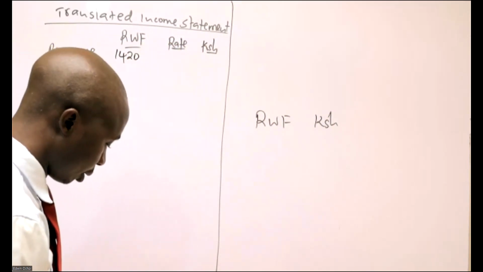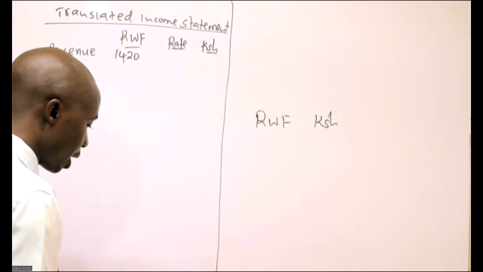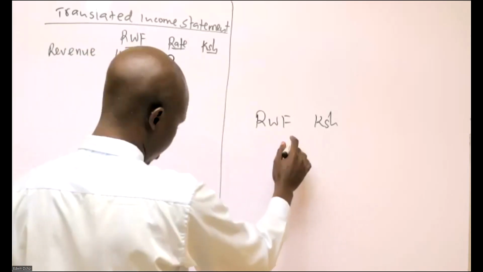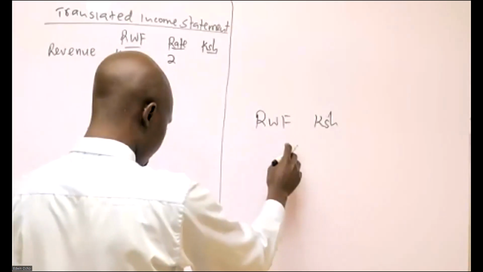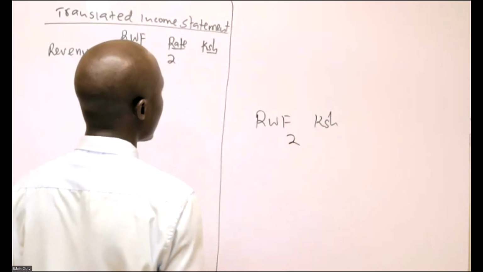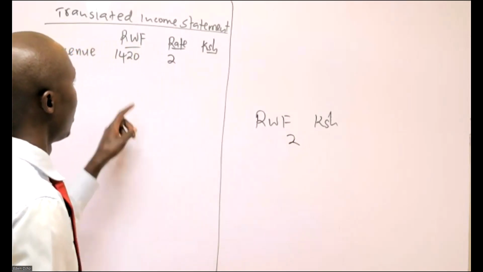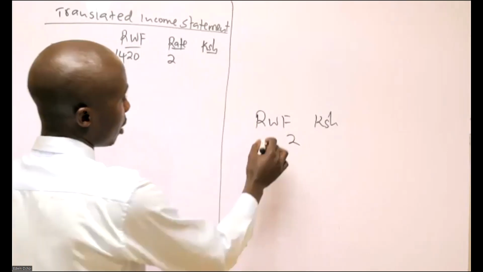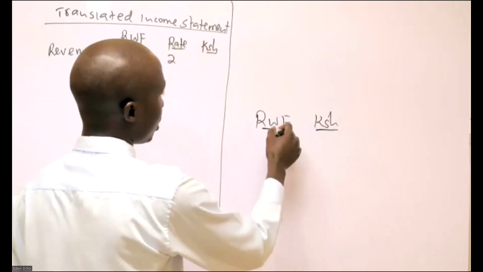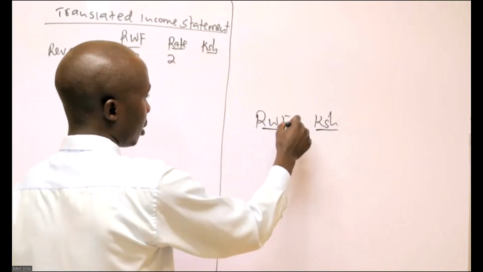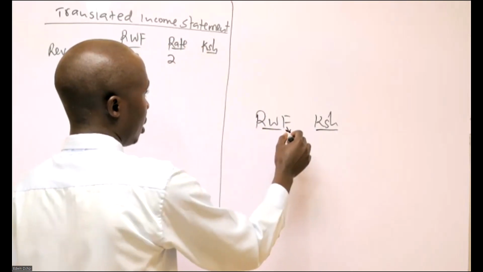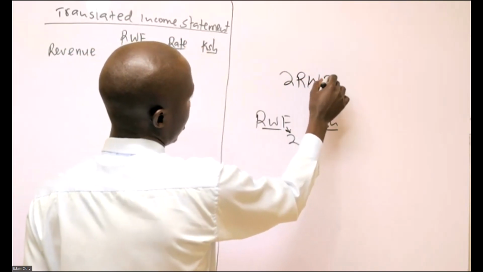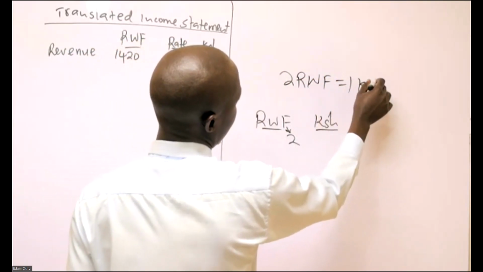Average. According to note 8, we have an average rate of 2. So how will you know whether to divide or multiply? When they say Rwandanese franc to Kenyan shillings, what is given here is 2 Rwandanese francs to 1 Kenyan shilling. That is what they mean.